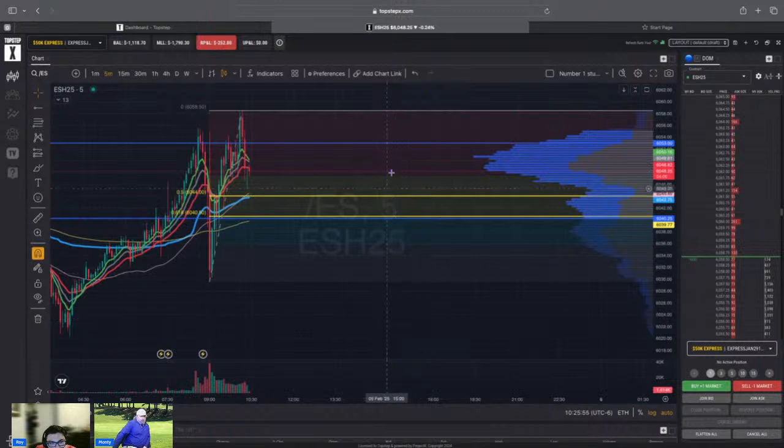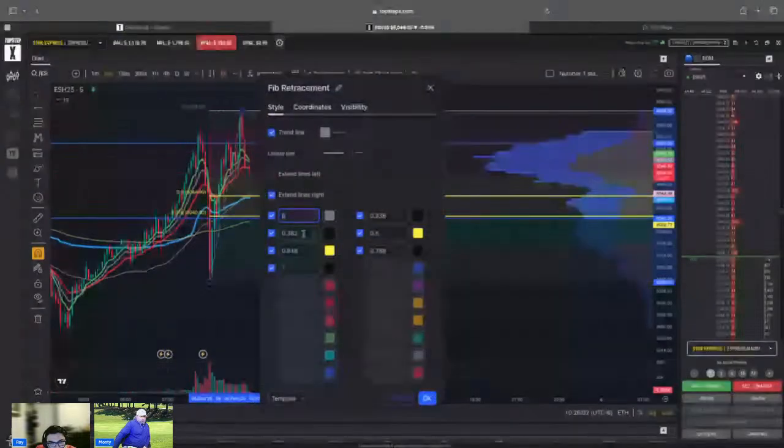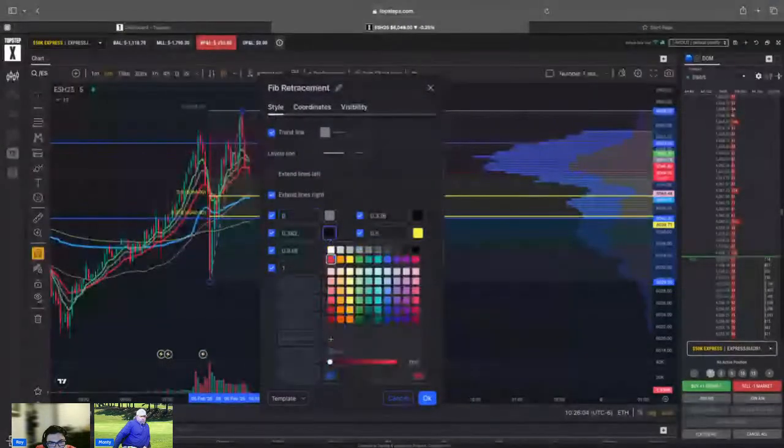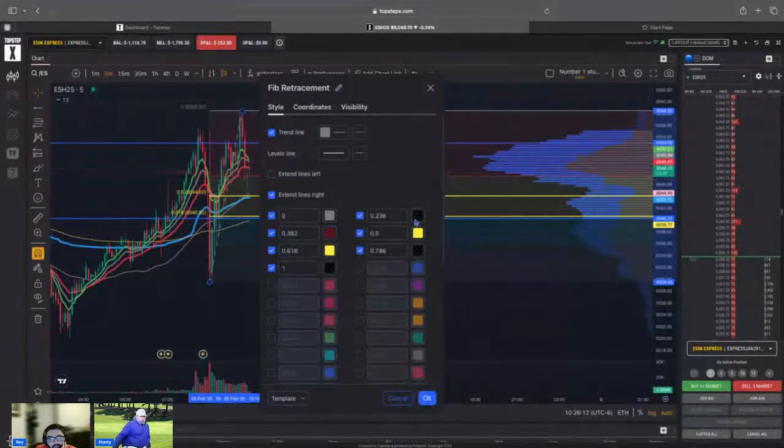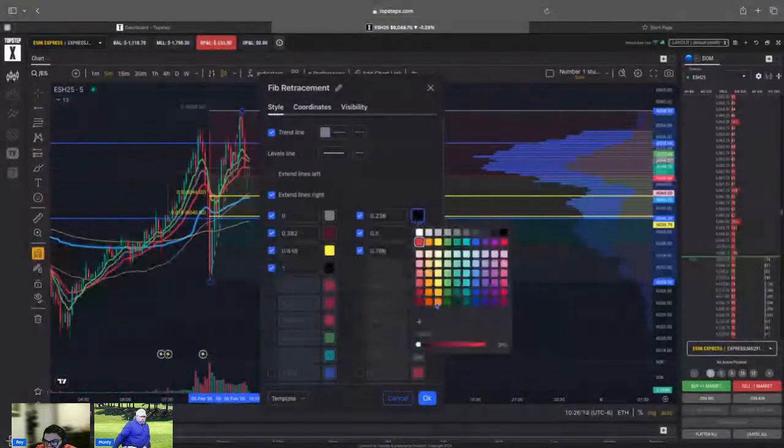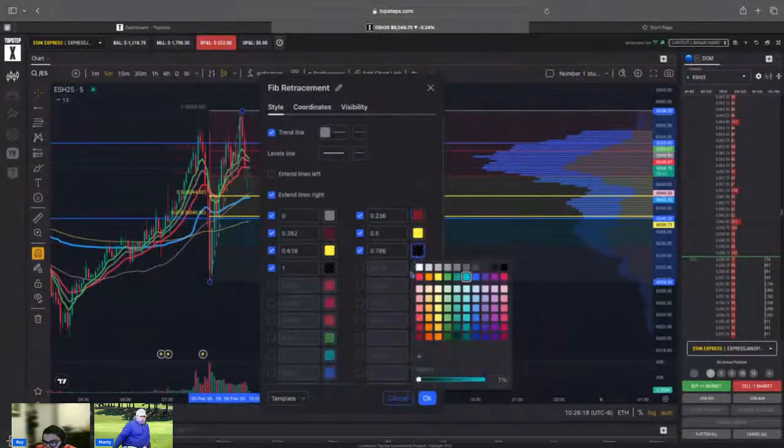Close. We could actually bring these back. Now, I want the lines there. We'll play with this. It's going to look wacky, but it is what it is.